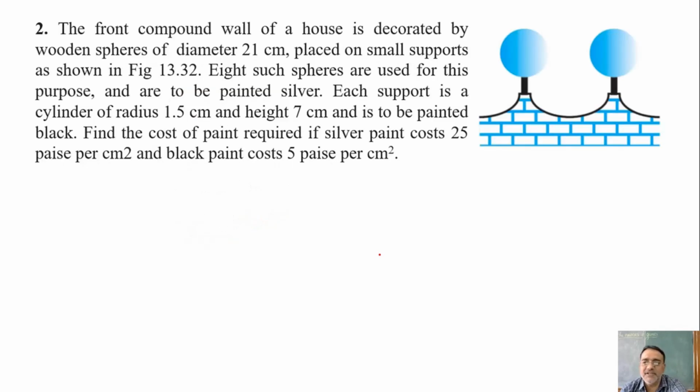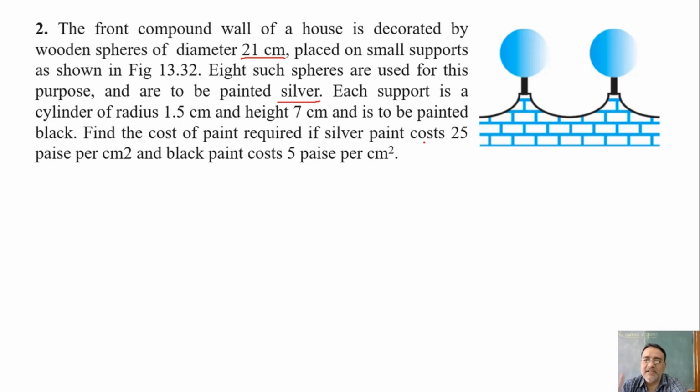Now the next question is also very interesting. The front compound wall of a house is decorated by wooden spheres of diameter 21 centimeter. See this figure. Placed on a small support as shown. 8 such spheres are used and are to be painted silver.